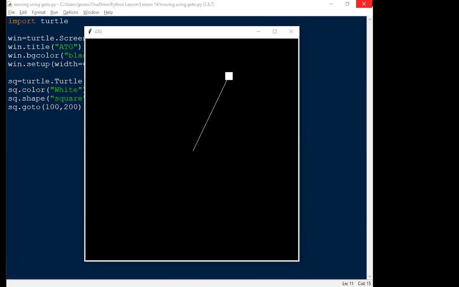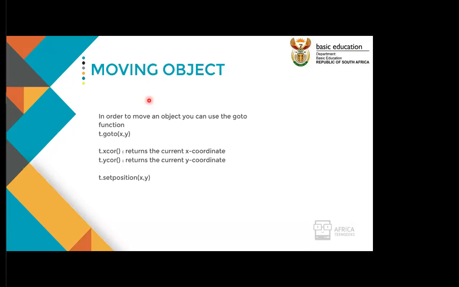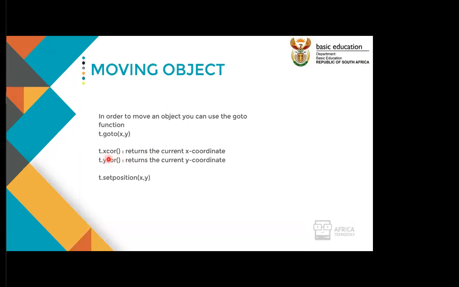Next, we could also use xcor and ycor to retrieve where the turtle is currently sitting. If I didn't know where this object was or where it went, I can retrieve the coordinates by using xcor and ycor.